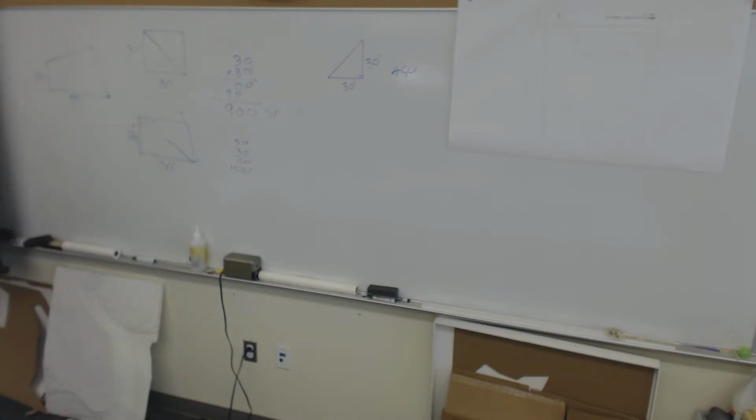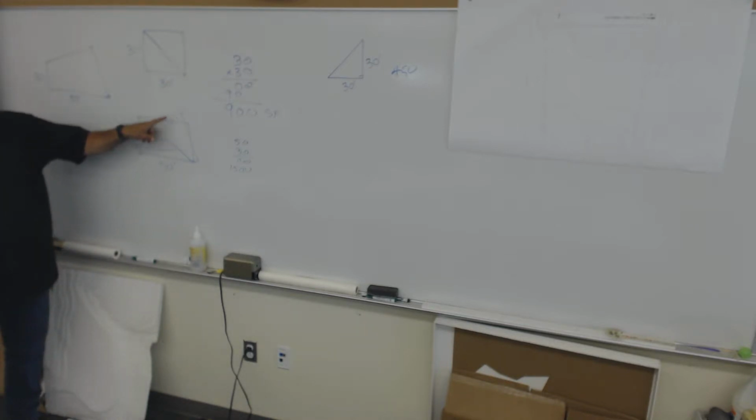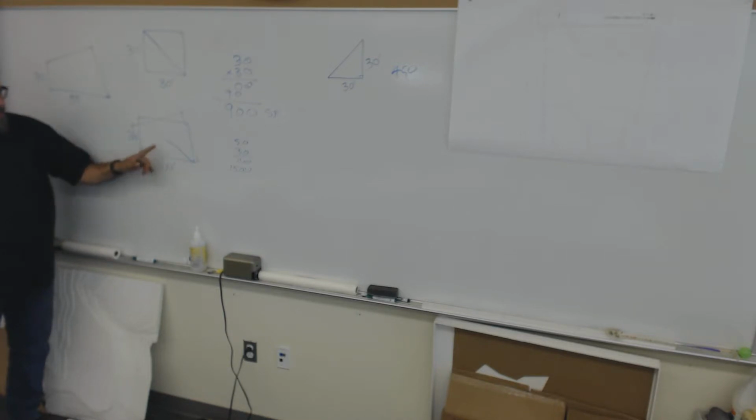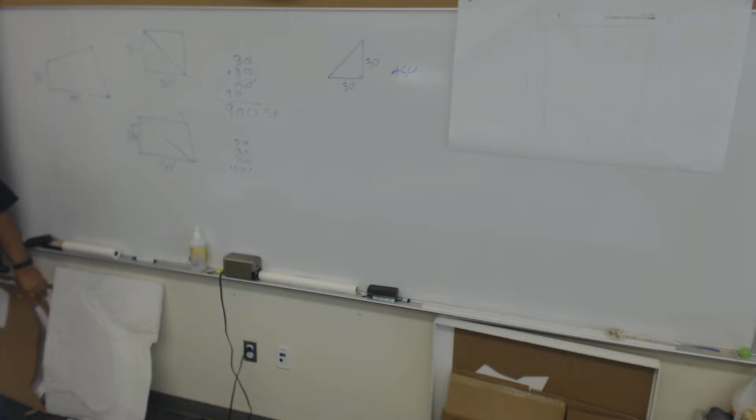Any thoughts? It's about 1,500. It's close. I mean, that is probably not much different than that, and that's probably a little bit less than this. And so it's pretty easy to say that shape right there is about 1,500.